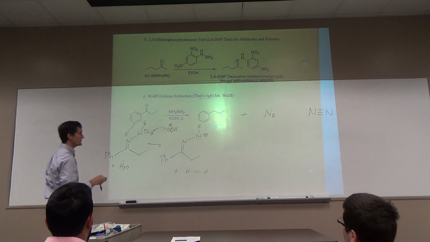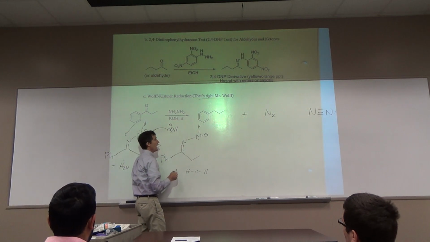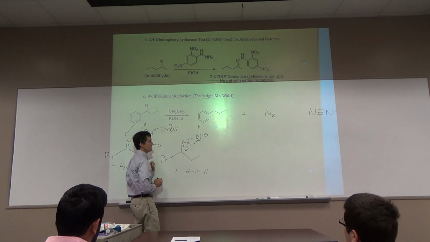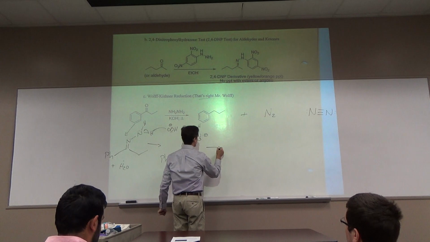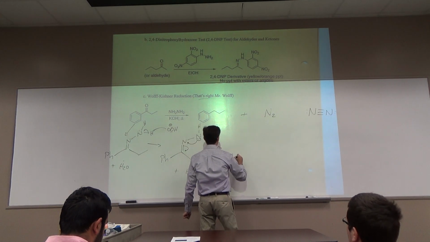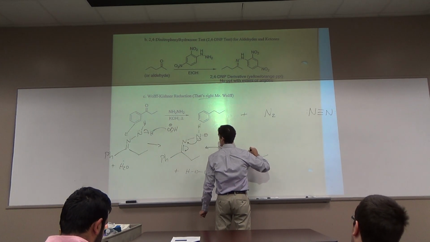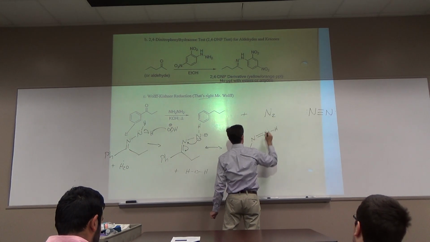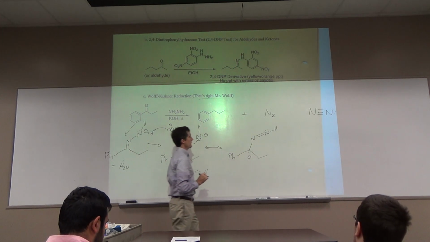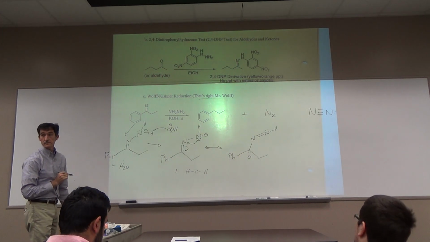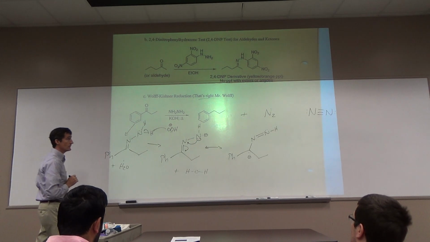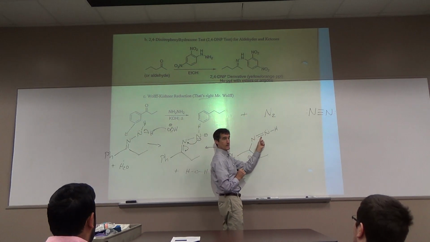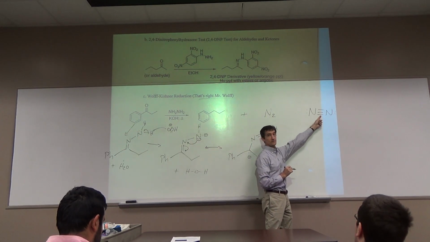What other stability does it have? It's resonance stabilized. These electrons can move here, and these can move here. What does that give? That's a resonance structure, right? Single bond between nitrogen. Now we have a double bond. We're trying to get a triple bond, so we're halfway there.